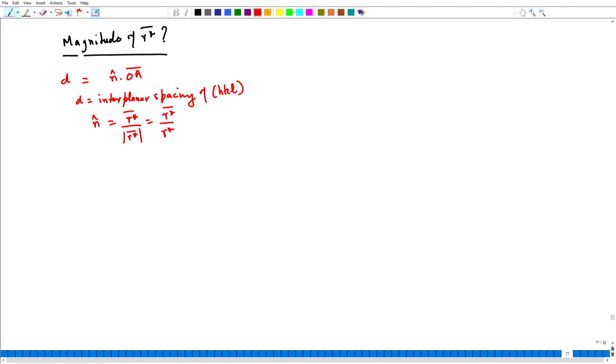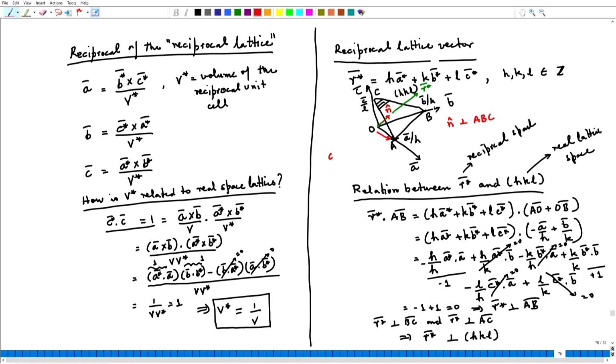So, therefore, the interplanar spacing D is the vector R star upon R star, the magnitude, dotted with the vector OA. Now, the vector OA is nothing but the vector A upon H.